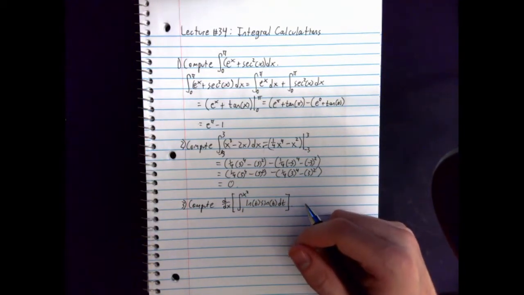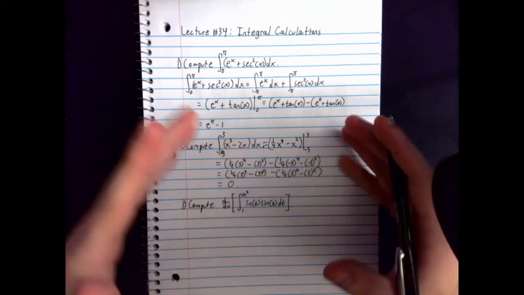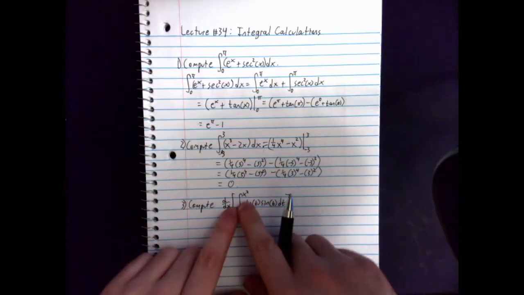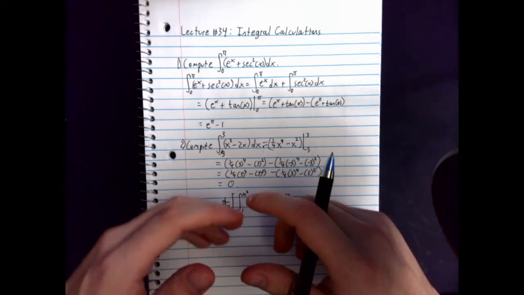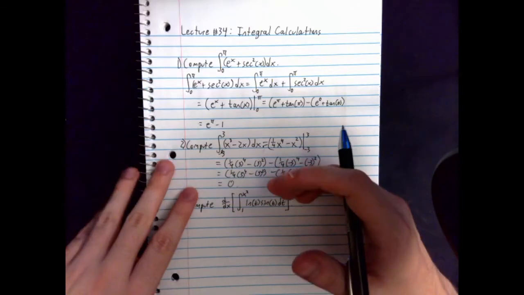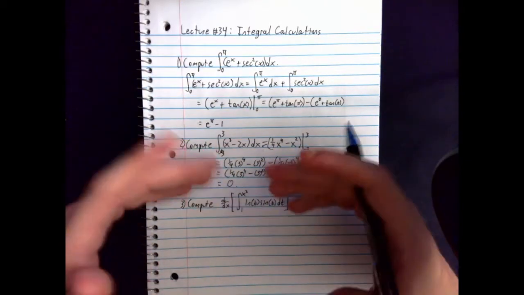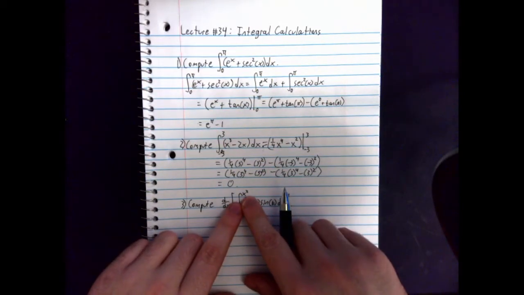Well, when we looked at the second fundamental theorem of calculus before, or part 2 of the fundamental theorem of calculus, there was only an x up here. We didn't have another function. It wasn't some power of x. It wasn't anything other than just x by itself.